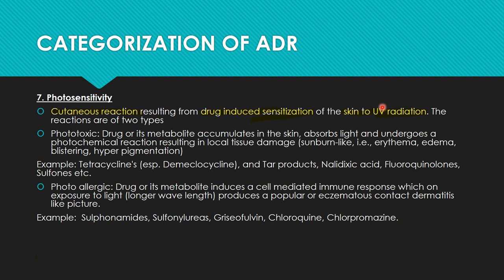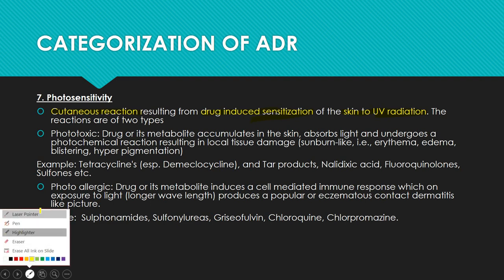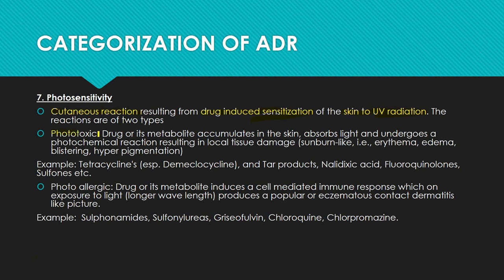Now this type of cutaneous reaction can be further classified into two main types. One is phototoxic and one is photoallergic. Now let me highlight these 2 points. So what happens in phototoxic?